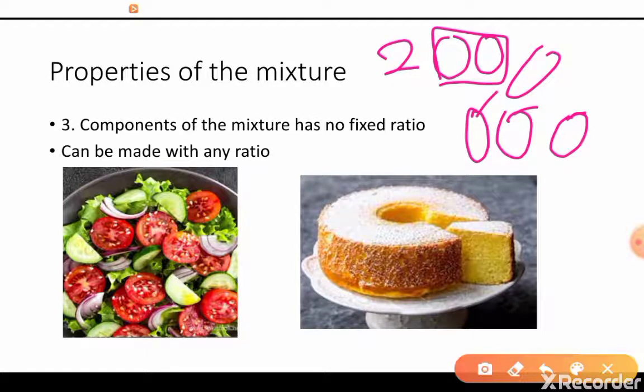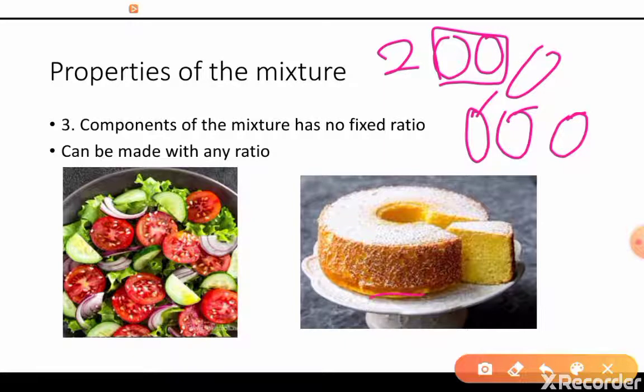To make a vegetable salad, do I have to put a fixed number or any number? I can make the fruit salad or the vegetable salad with any ratio or any number of pieces. If I put more than 1 cucumber, will it not be a salad? Of course, it will.